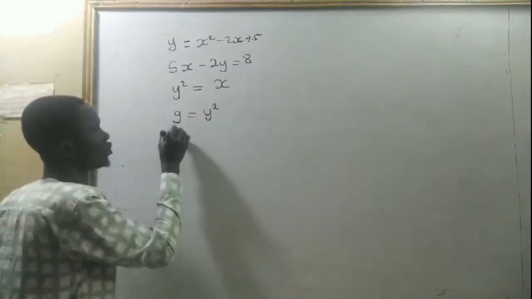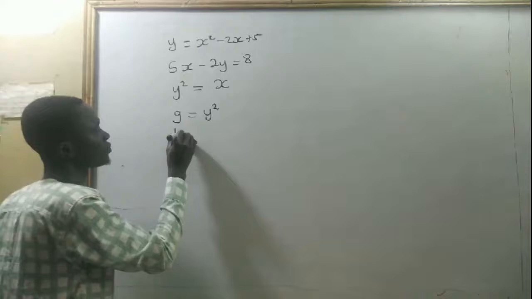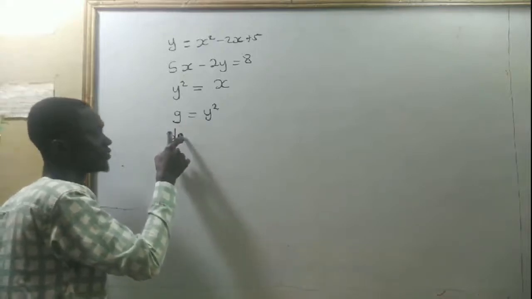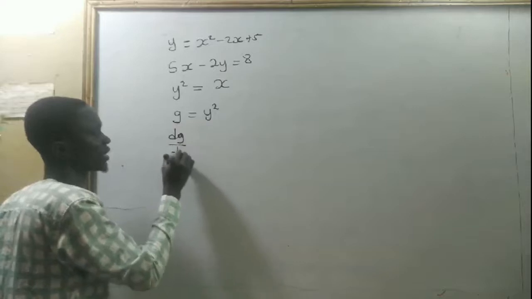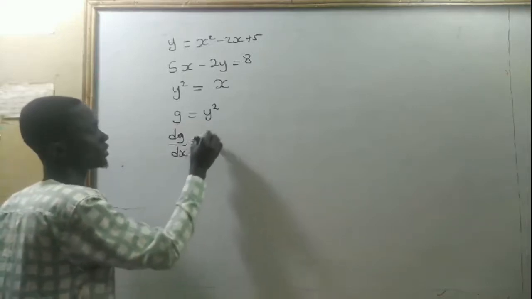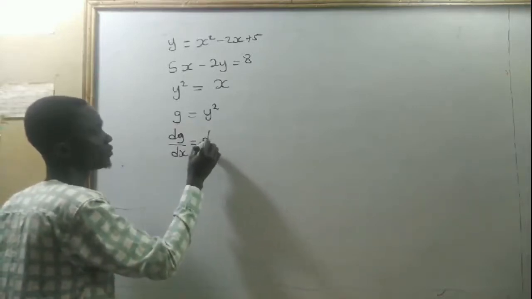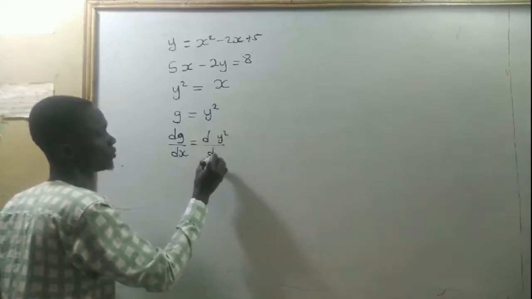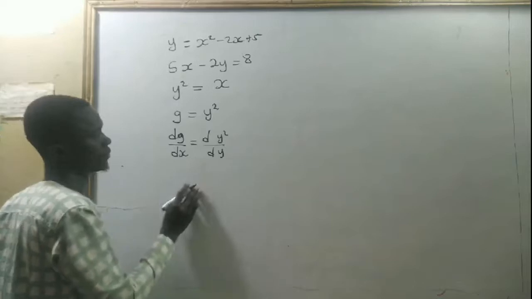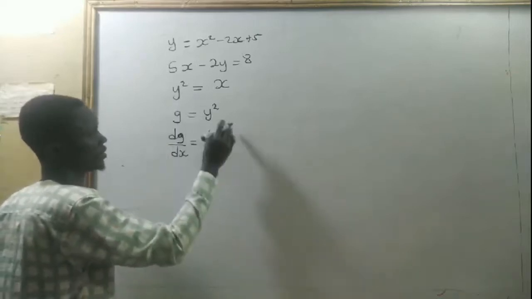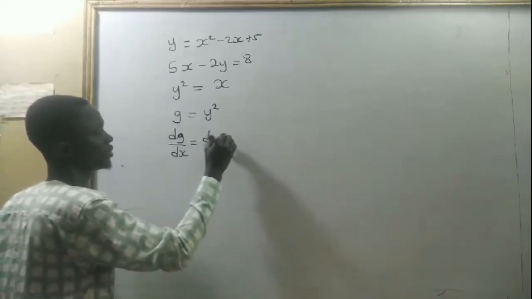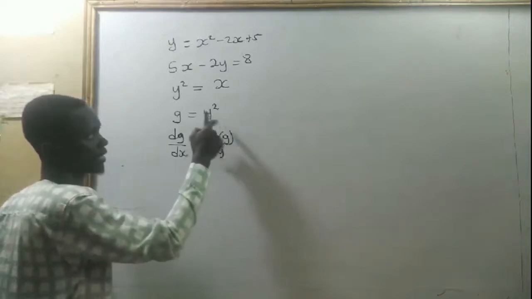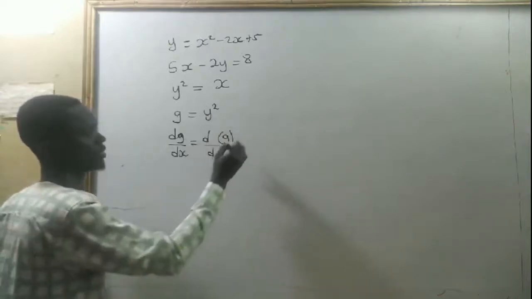So we take the derivative of g with respect to x equal to the derivative of y squared with respect to y. That is the g. So we take the derivative of g with respect to y. But here g is y squared, no problem.